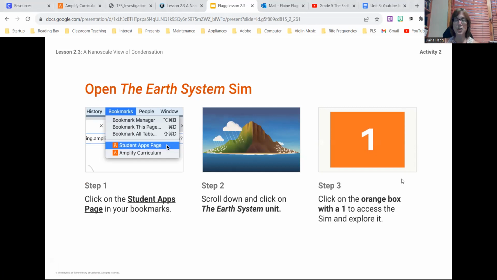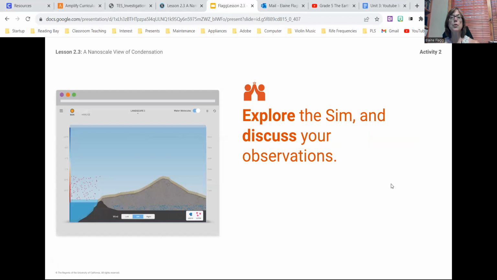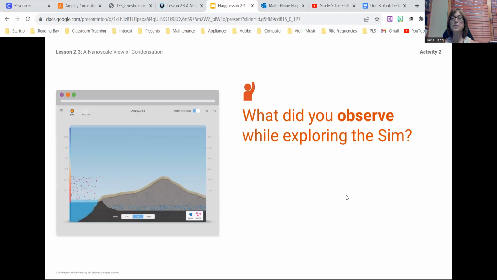I may have different instructions for you shortly on how to open up the Earth System sim. I think we might be going into Clever and then into Amplify Science and go from there. So you're going to explore the sim and think about your observations. All right, and think about what you observed during this sim.